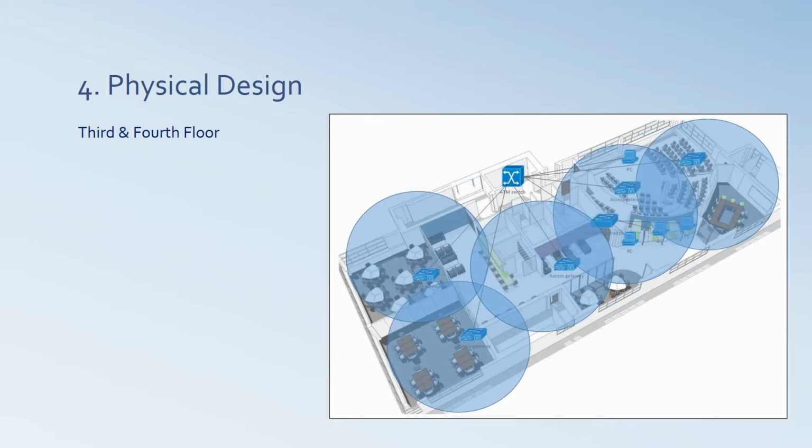The third and the fourth floor have 4 access points again, and we have 2 study areas that are covered by separate access points. On the right side, you can see that there's a lecture hall that has classroom technologies and access points to accommodate 100 students.